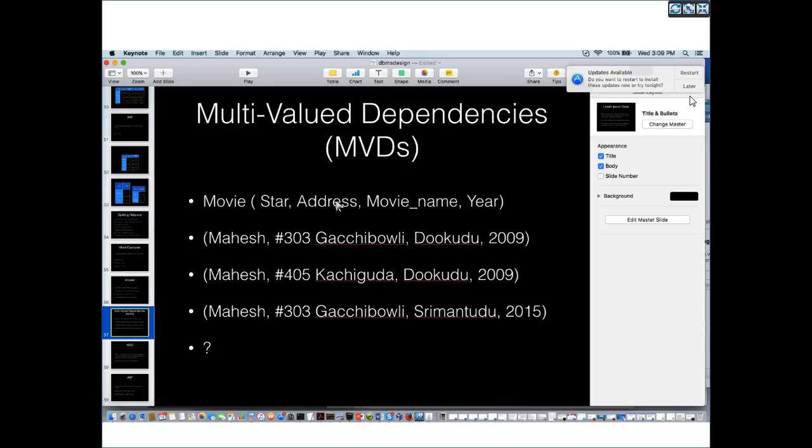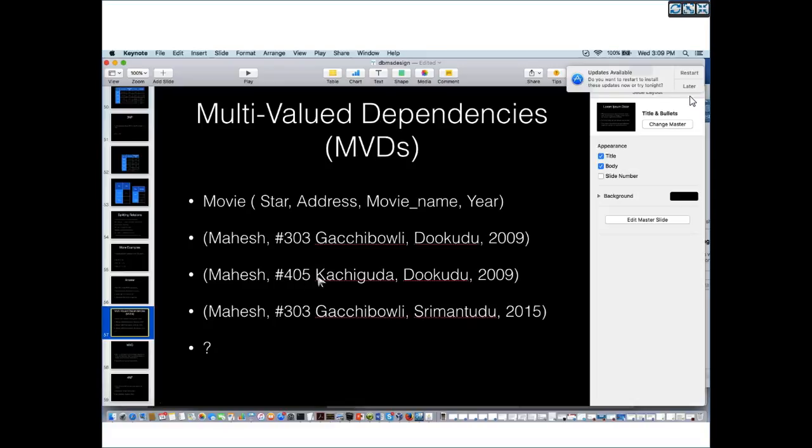Now you can see Mahesh's address. Each movie has some name here. I don't know whether this is correct, so don't take these as the actual names. Let's say one movie in the year 2009.